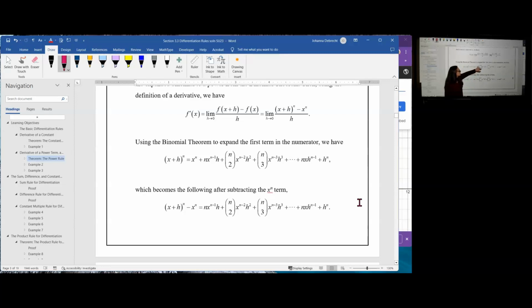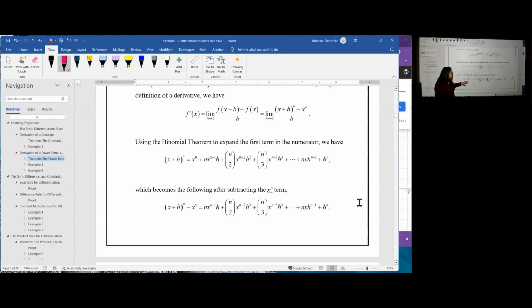Notice it comes down in the n values on the powers of x and up in the powers of h. The coefficients are given by this n choose k, starting with n choose 0, which is always 1. And then you have n choose 1, n choose 2, n choose 3, all the way out to n choose n.